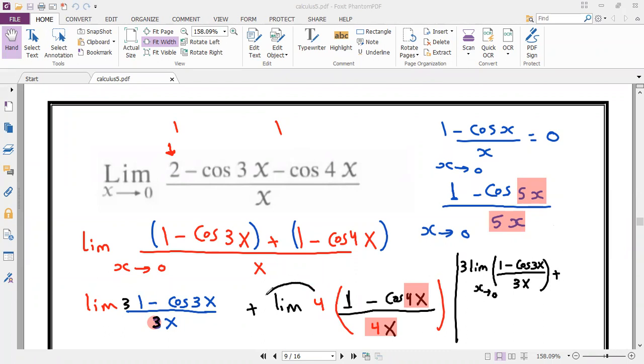We write 4 in front of the limit, so 4 multiplied by the limit of 1 minus cosine 4x all divided by 4x. So it's 3 multiplied by 0, since this limit is equal to 0, plus 4 multiplied by 0. So 3 times 0 is 0 plus 4 times 0 is 0. So we ended up with 0.